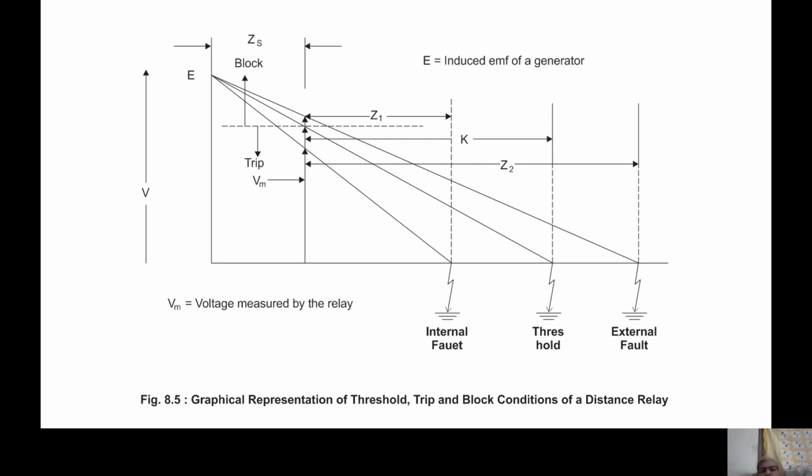Similarly, for the external fault, Iz2 is more than K, therefore the relay blocks, right? So blocking and so on can be shown by this. ZS is the source impedance, but your relay is not affected by the source impedance because it is not seeing ZS. It is measuring the voltage at the local point only, at the local bus, that is, the place where the relay is located. So that can be explained like this also.